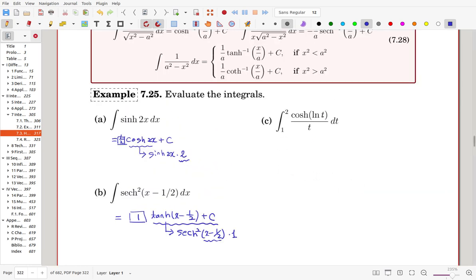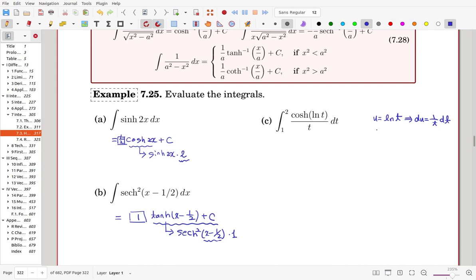Now for this one, we may try a change of variable substitution. For example, let u equal the natural logarithm of t. Then du equals 1 over t dt.